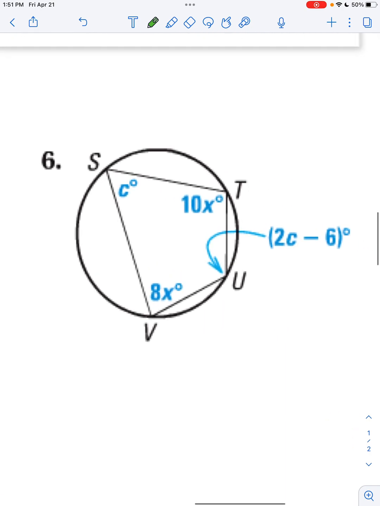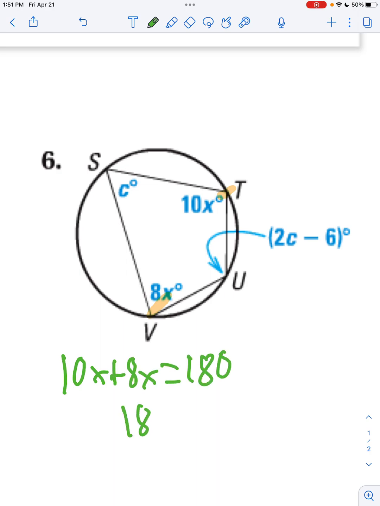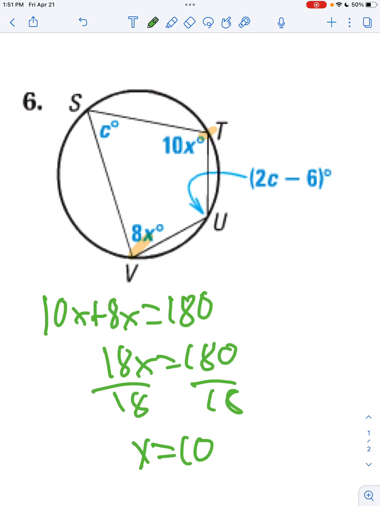Similar idea, slightly different, a little bit more algebra, but still opposite angles are going to add up to 180. 10x plus 8x equals 180. 18x equals 180. Divide by 18 and you get x equal to 10.